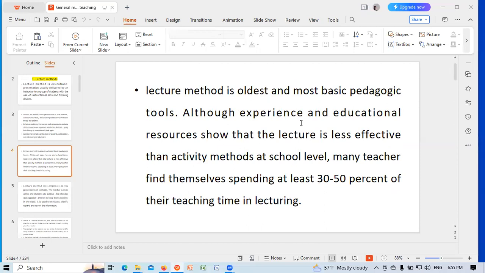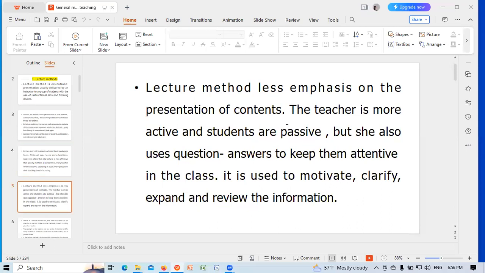The lecture method is the oldest and most basic pedagogic tool. Although experience and educational research show that the lecture is less effective than activity methods, learning by doing, generally at school levels, many teachers find themselves spending at least 30 to 50% of their teaching time lecturing.